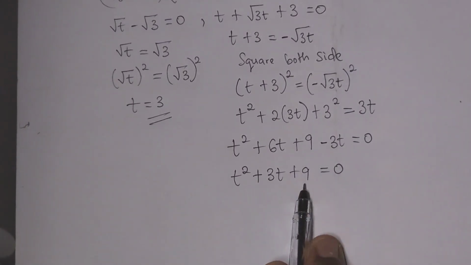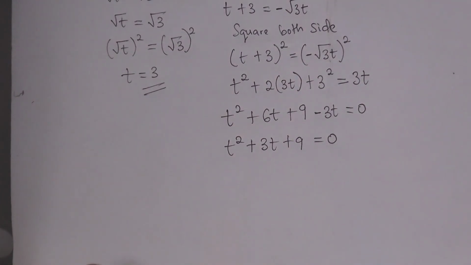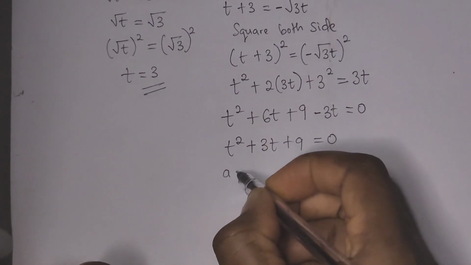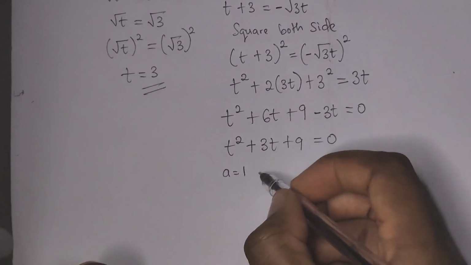So we now have a quadratic equation, so we can use the formula method to resolve it. Our a is equal to 1, the coefficient of t squared.